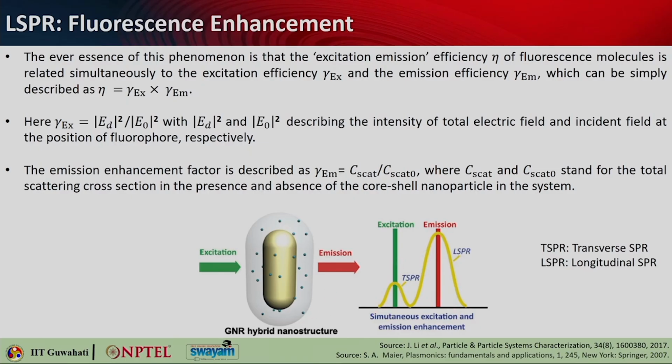But in this particular paper they found a way to excite both from the same particle, because when you put unpolarized light on this particle, both this and this will be excited, right? Because transverse and longitudinal, both plasmons will be excited, so you will get boost in both these two efficiencies. So that was one very good example of using nanoparticles for fluorescence enhancement.